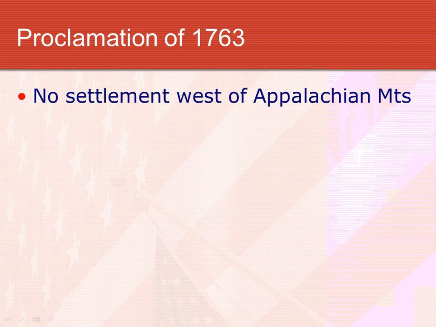All British citizens have to stay between the Appalachian Mountains and the Atlantic Ocean, the Atlantic coast. No settlement west of the Appalachians. That land belongs to Great Britain, yes. But the British in the colonies are not allowed to settle there.